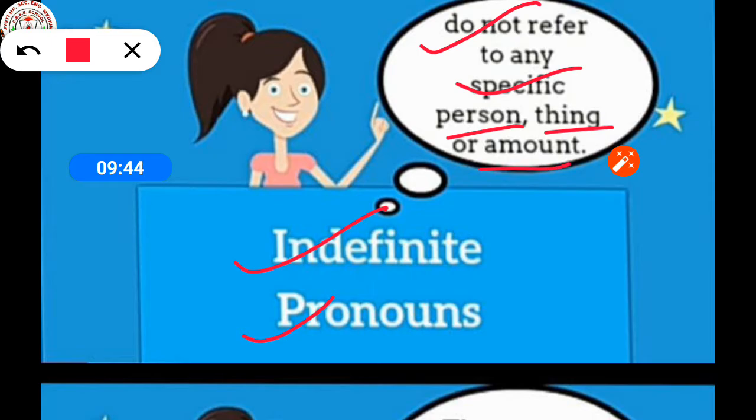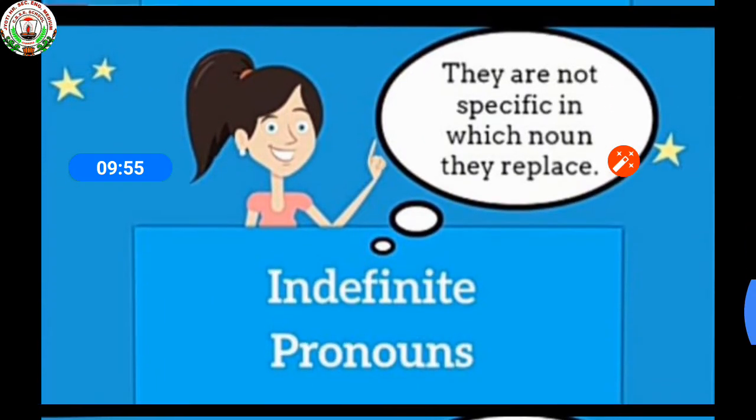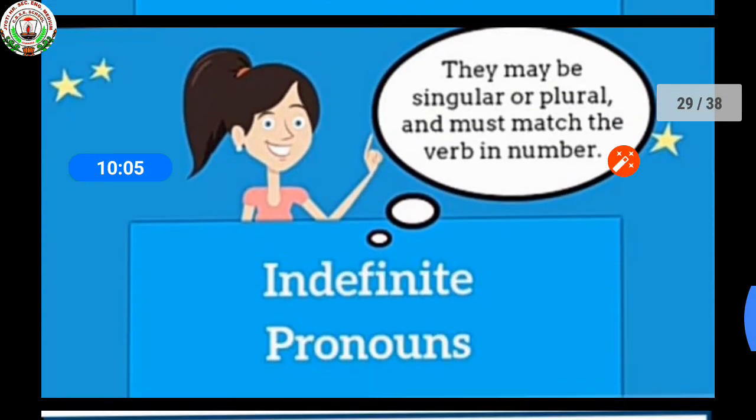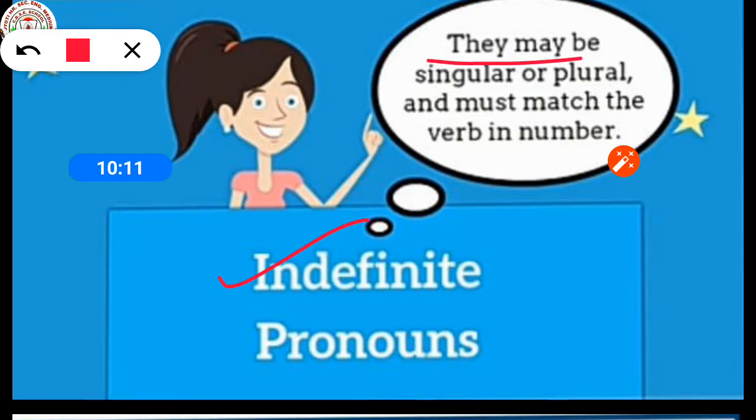So indefinite pronouns do not refer to any particular person or any particular thing or any particular amount. They are not specific in which noun they replace. Indefinite pronouns may be singular or plural and must match the verb in number.